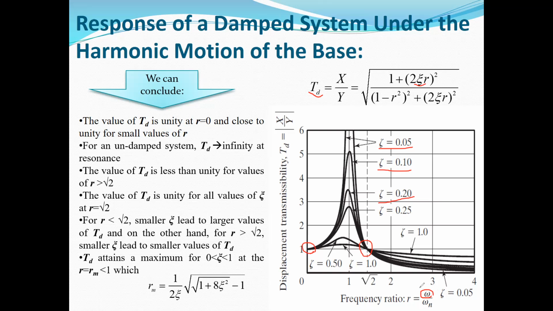In the examples, I will explain that when you have a moving vehicle facing some bumps or some base displacement, you can extract the frequency of the excitation as a function of the speed of your vehicle. So by changing the speed of your car, you can change the amplitude of the response.